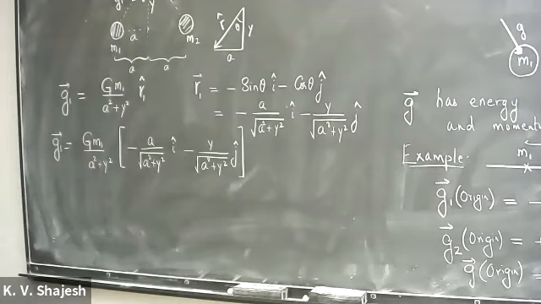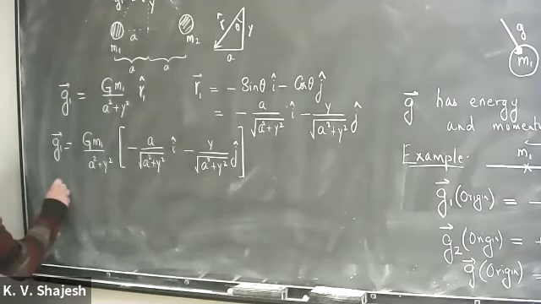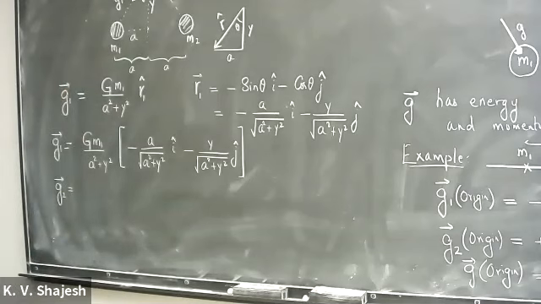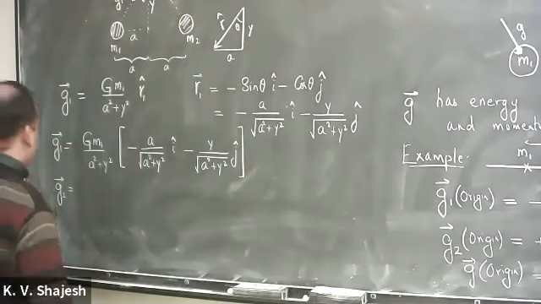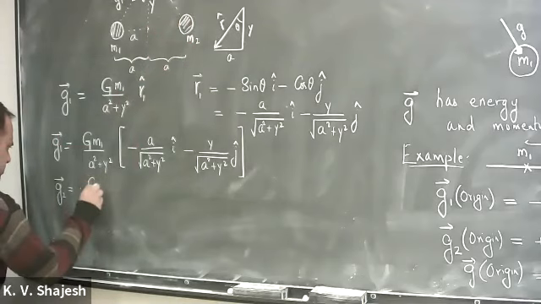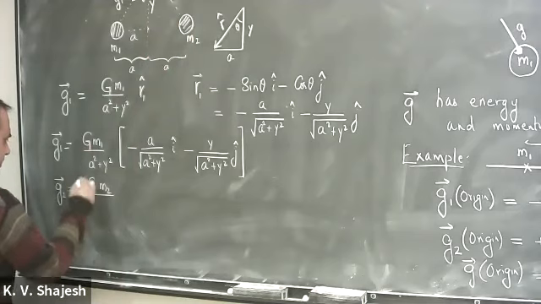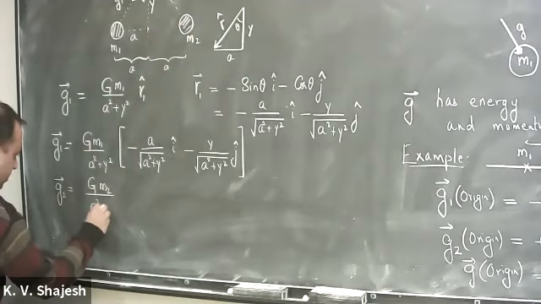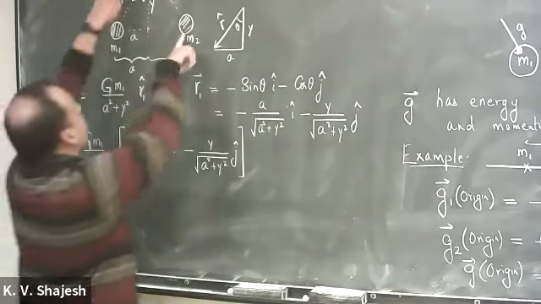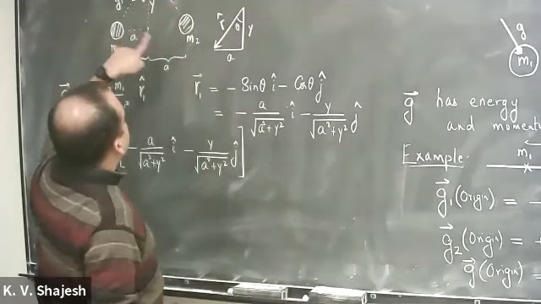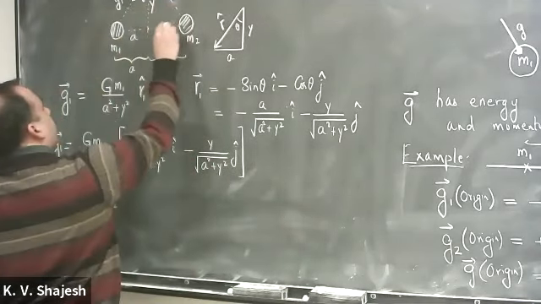G2 is very similar because we chose our problem in such a manner that there is a lot of symmetry in there. M1 is the same as M2, so this is G M2, which is exactly the same as M1. The magnitude remains the same, a squared plus y squared, because this distance is also a here.